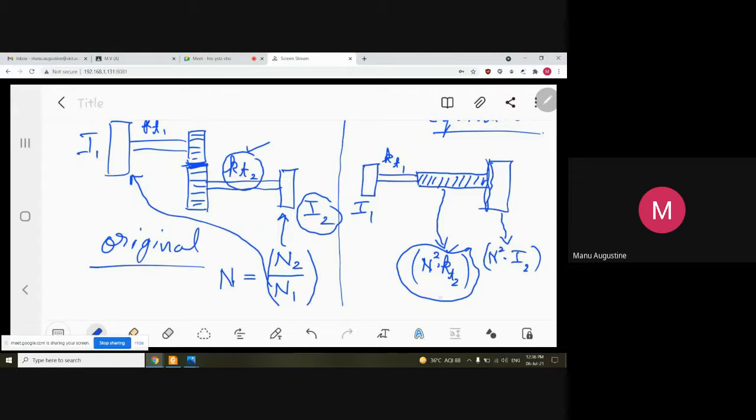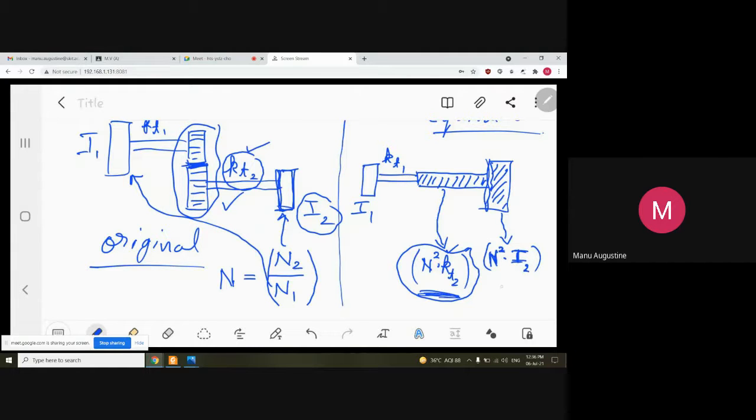So all you have to do to eliminate this gearing is to make the stiffness of the new equivalent shaft equal to n square kt2. Similarly, on the driven side there is a rotor of inertia I2. That also has to be replaced by a new rotor having a new inertia of n square times I2.